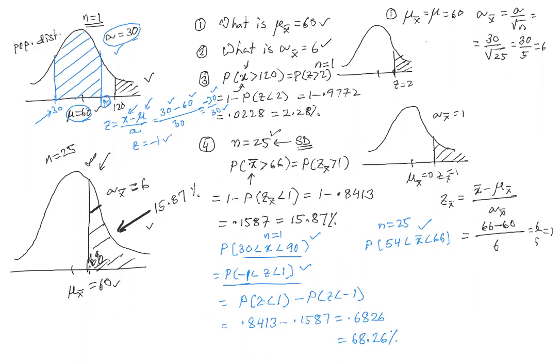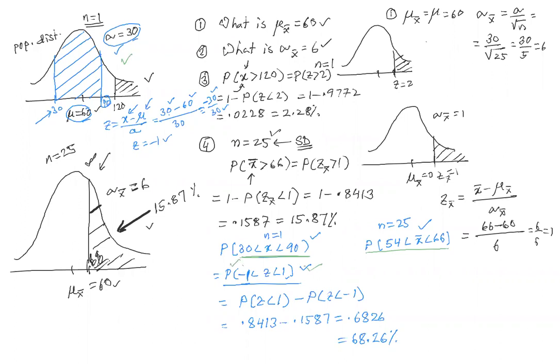Okay. Now, there is a reason for me to give this problem, and you'll see the numbers are designed in such a way so that you can really get a feel for what's going on. Now, for the other one, it is between 54 and 66. This one is between 30 and 90. For a single person or for the population's distribution, to jump between 30 and 90 is like jumping between -1 and +1, meaning you are jumping 1 standard deviation to the right and 1 standard deviation to the left.